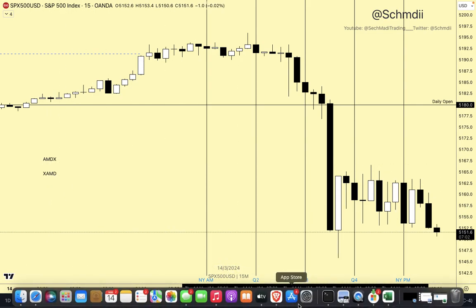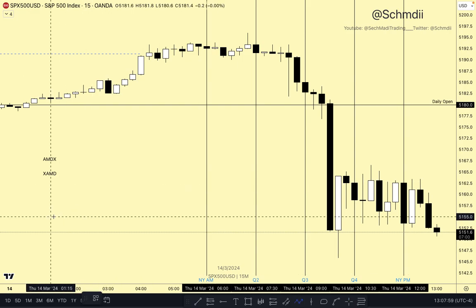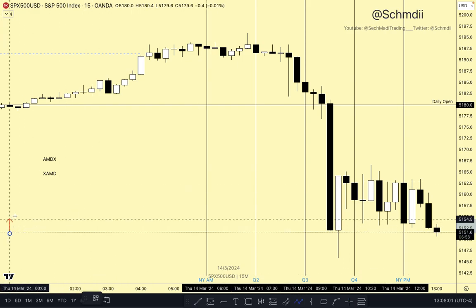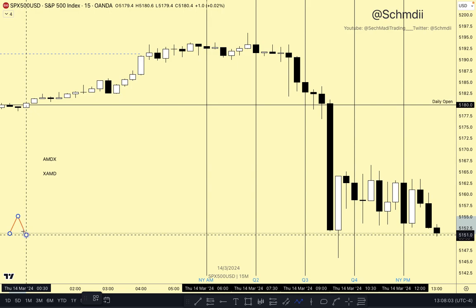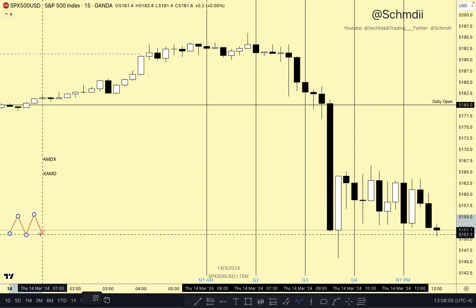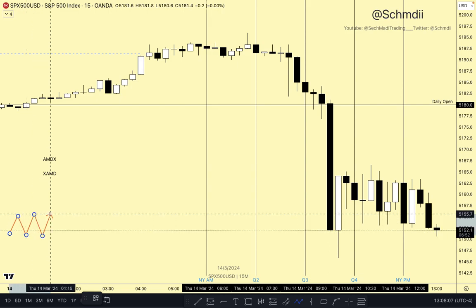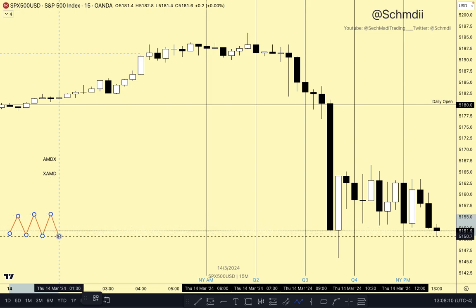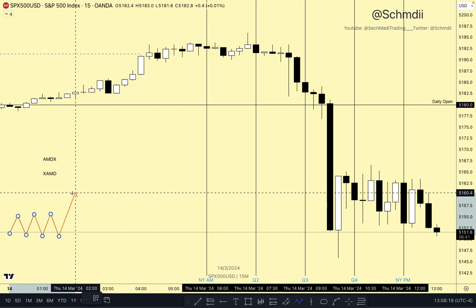A will stand for accumulation. I'm gonna show you a bearish example. This would be the A accumulation stage, which, if we're speaking on the AMDX profile, would appear in Q1, whereas in Q2 you get a manipulation, right?